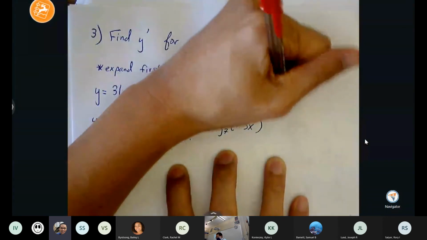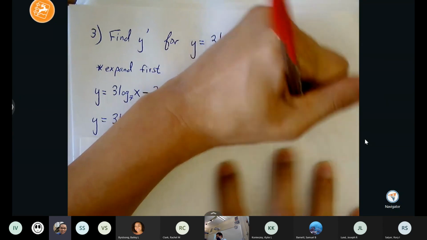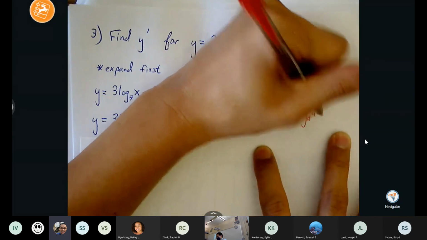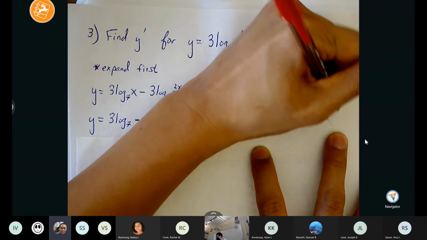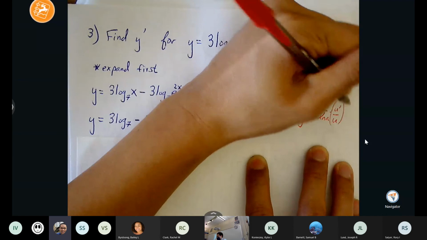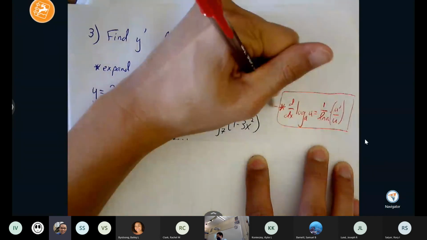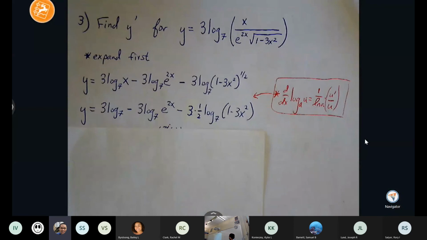The only rule that we need is this one. And the 3 and the 1/2 are just going to tag along as coefficients in front of the derivatives.